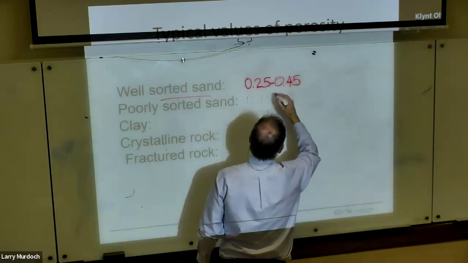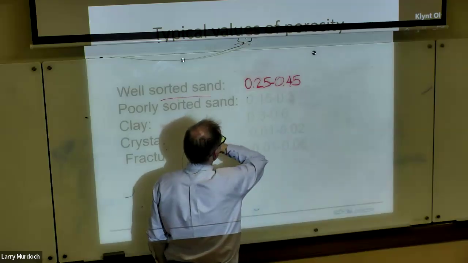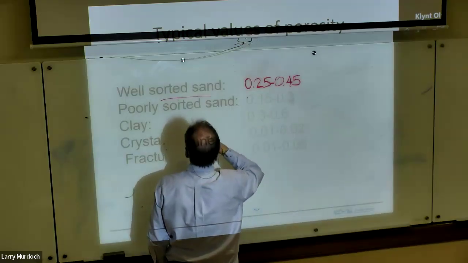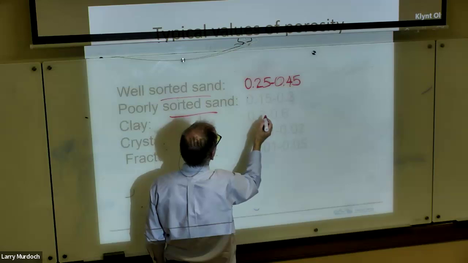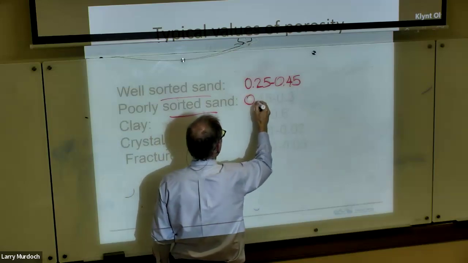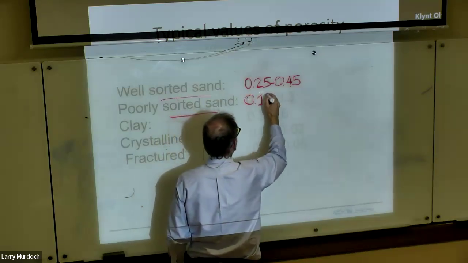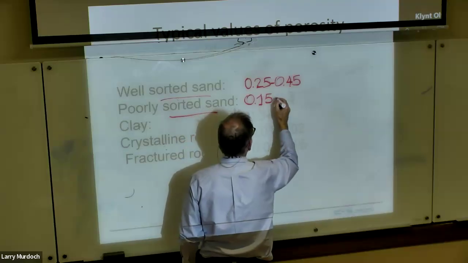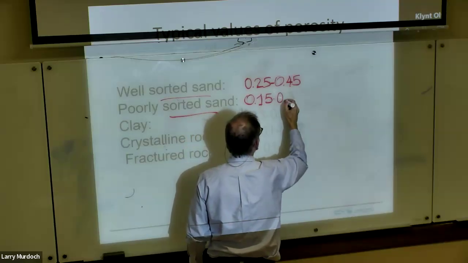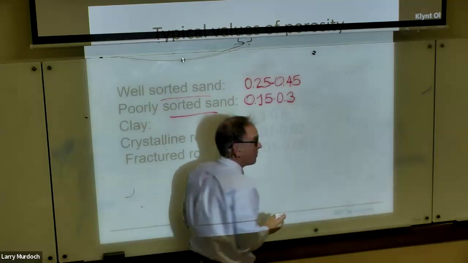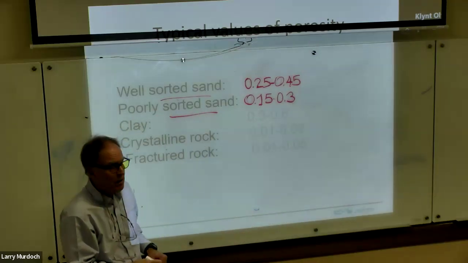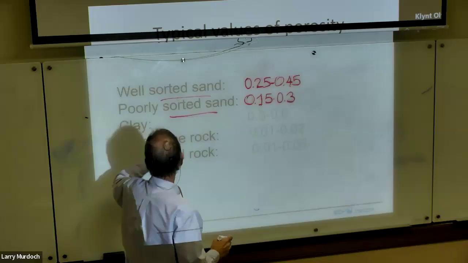And this was dictated by the sorting effect that we saw. If it's poorly sorted, then the lower limit is going to go down to about 0.15, and the upper limit would also go down. So that would be a range of poorly sorted material.